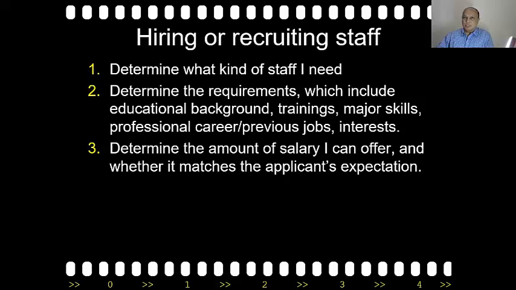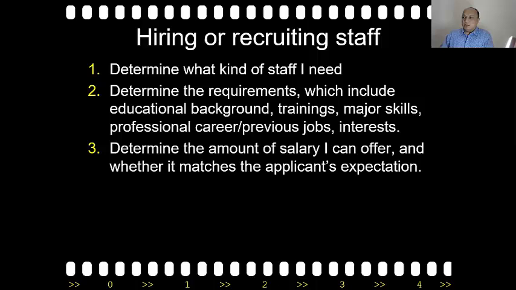Is it going to be marketing staff, people who promote my business to the outside parties and to the public out there? Or do I need an accountant? Or do I need a salesperson? So first of all, it's very important to determine what job or what position is needed.